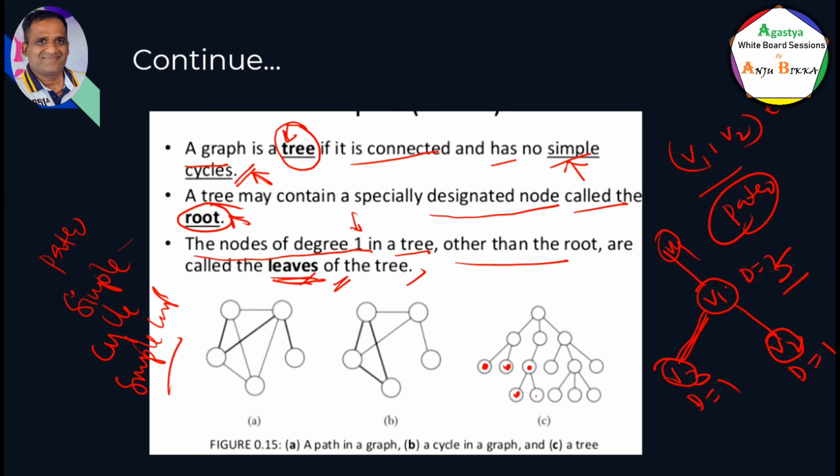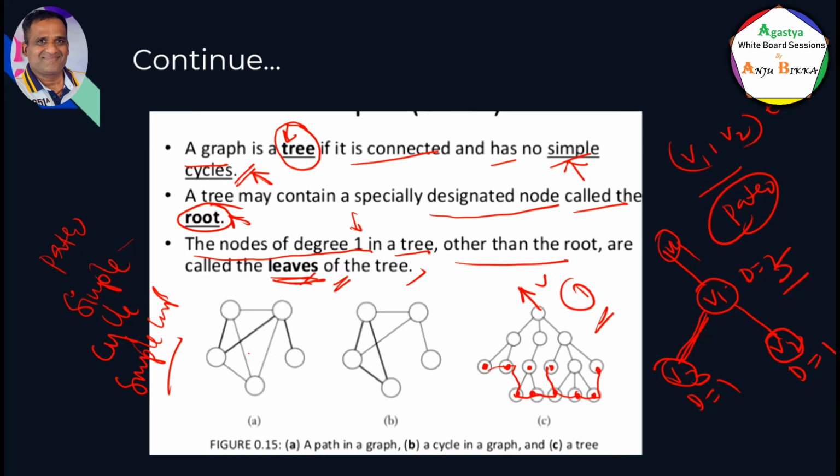And this one is 1, and so on for these others. So these are the leaves of the tree. Other than the root, if any node has degree 1, then it is called a leaf, and this is the root of the tree.